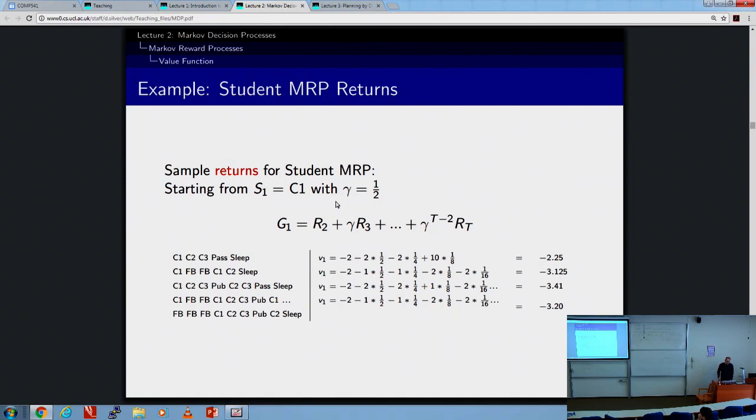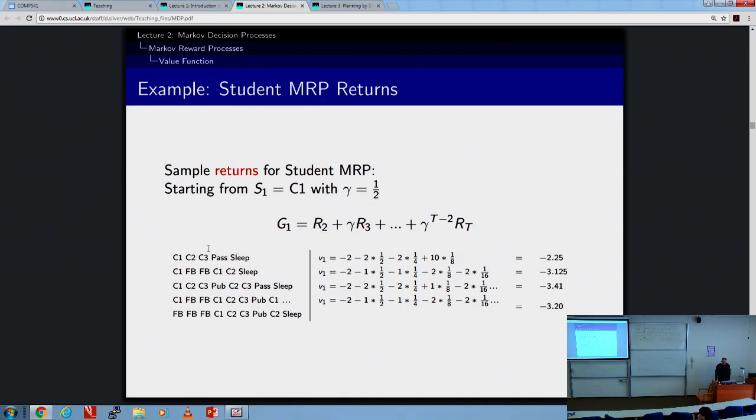So here's some examples from the student MRP. So you remember that we were able to generate some episodes before by flipping some coins. We can still do that, but now we can also say what is the value function for this particular episode. What's V for this, or what's G for this particular episode, using a discount factor of 1/2, for example.